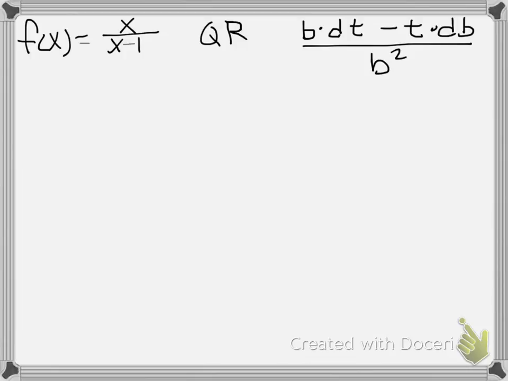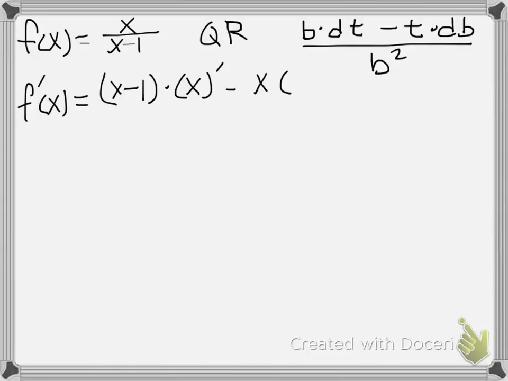Okay, so whenever we get ready to do that, we are going to have our f prime of x is equal to the bottom, x minus 1, times the derivative of the top, minus the top, times the derivative of the bottom, all over the bottom squared.